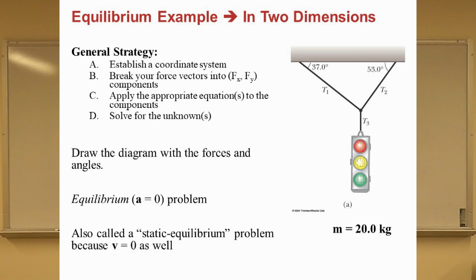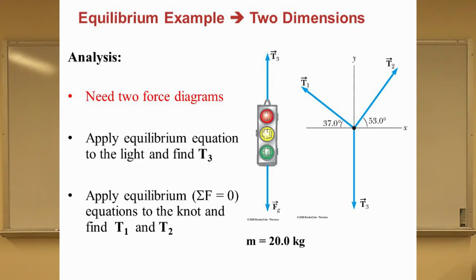Now, when we look at the analysis, it's interesting because these aren't free body diagrams, but they're showing you two different objects, and I use objects in quotations. The first one is just the light. If you look at the two forces acting on this object, you have the tension pulling upward and gravity pulling downward.